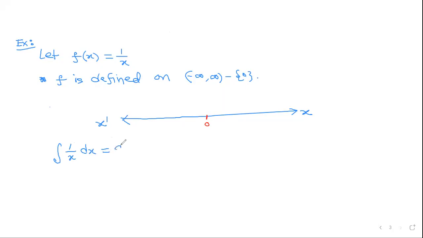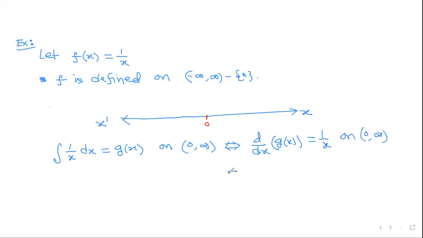Let's say g(x) on 0 to infinity, taking the right side. This is equivalent to saying find a function g(x) on 0 to infinity whose derivative is 1 over x on 0 to infinity.